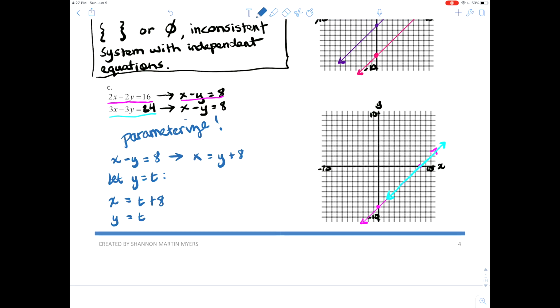So then in our set builder notation, what would we have? We would have the ordered pair t plus 8 comma t such that t belongs to the real numbers. This is a consistent system. There's infinitely many intersection points. And it's got dependent equations.